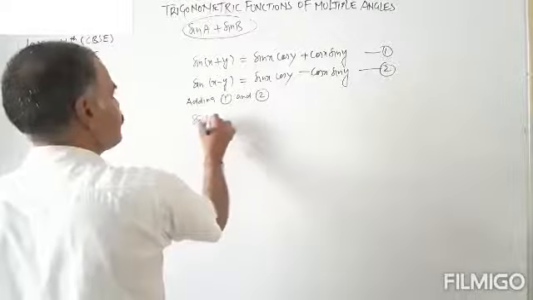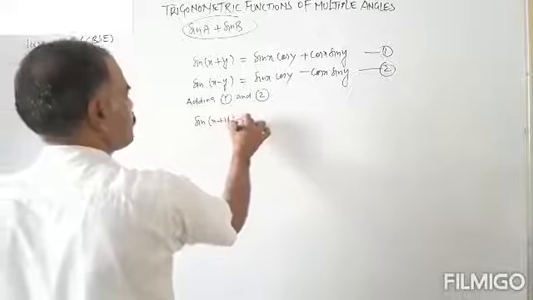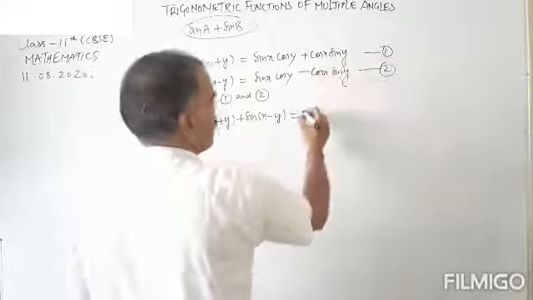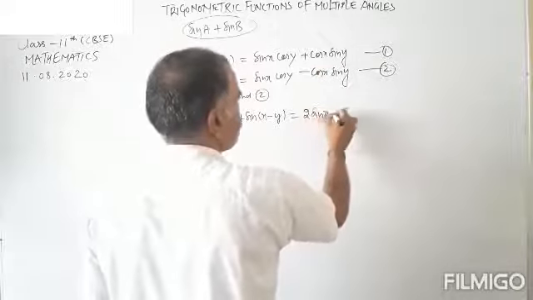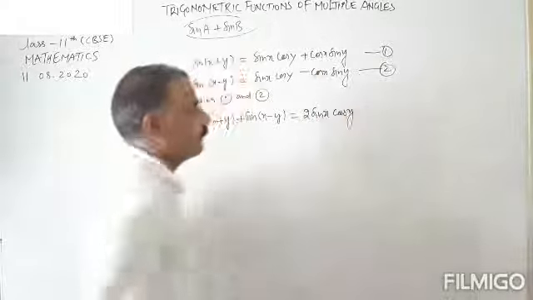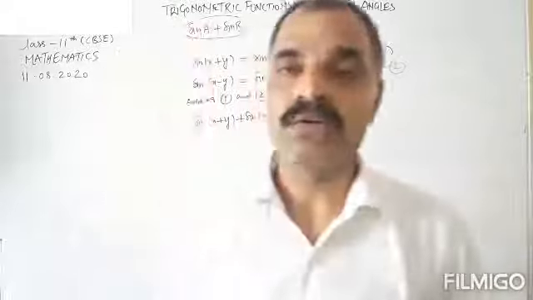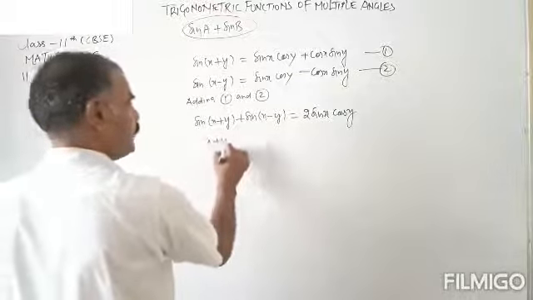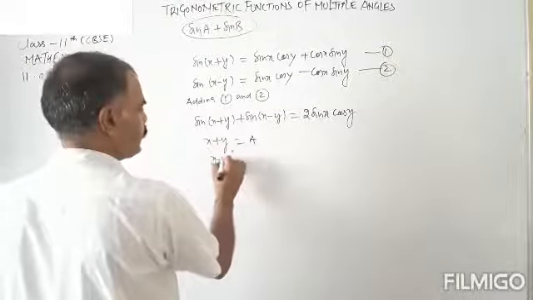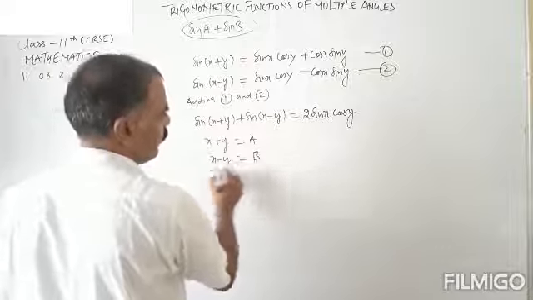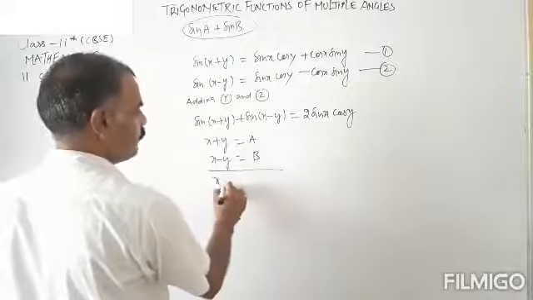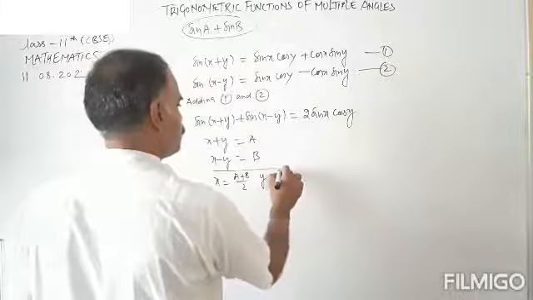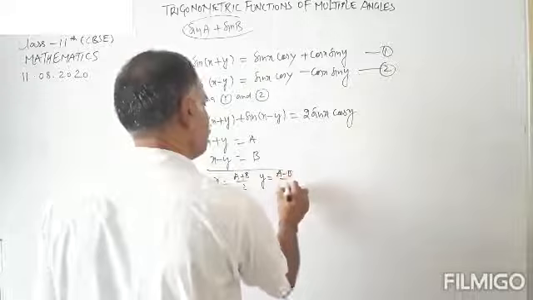When we add these, sin x plus y plus sin x minus y is equal to, this will cancel this, we will have 2 sin of x cos of y. Now let x plus y equal a and x minus y equal b. After solving this, we will have x equal to a plus b upon 2 and y equal to a minus b upon 2.